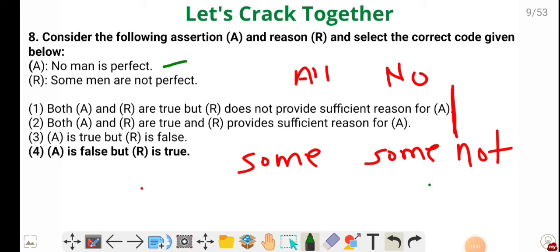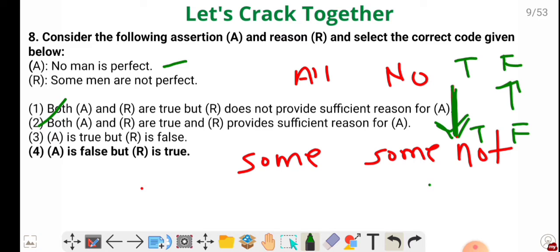Means if no man is perfect and some men are not perfect, we have to find the relation between these two. If this is true, this is also true, because truth always goes downward, and if this is false, no will be false. So according to this, no man is perfect is true, then some men are not perfect is also true. Option A is correct: both are true, but R does not provide sufficient reason for A.